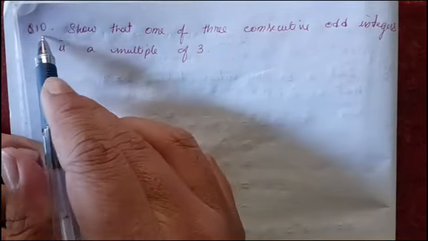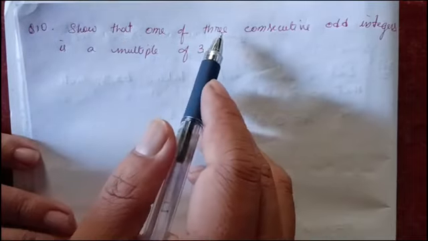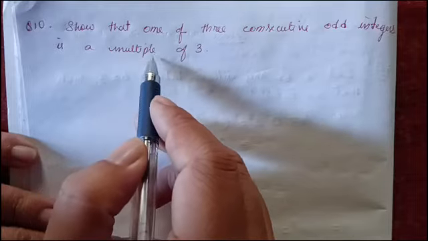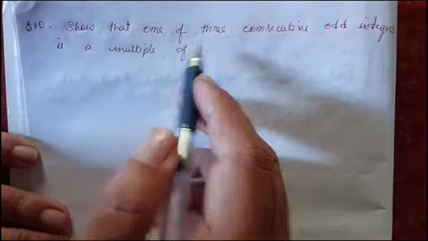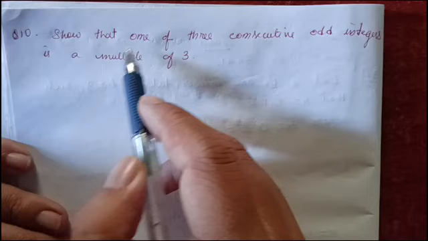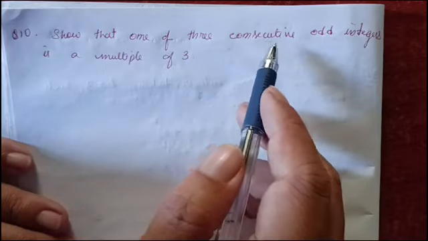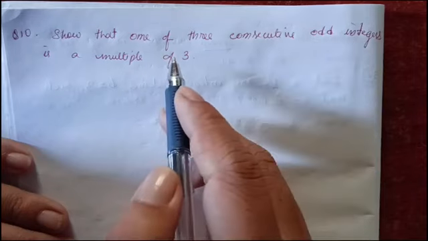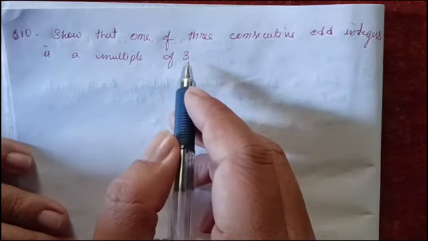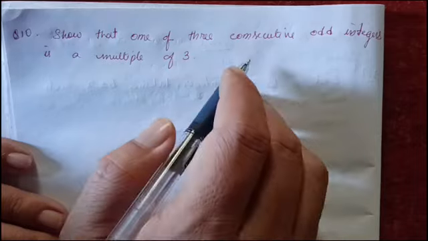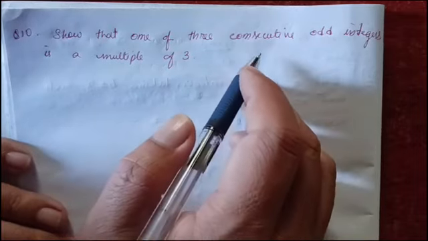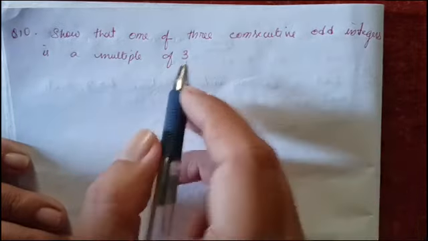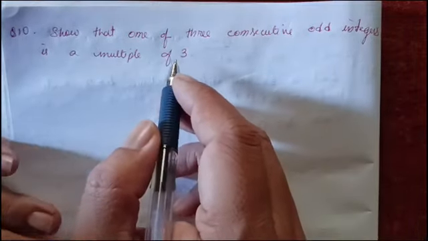Now in question number 10, show that one of three consecutive odd integers is a multiple of 3. So we are going to find out that one of those three consecutive odd integers is a multiple of 3.